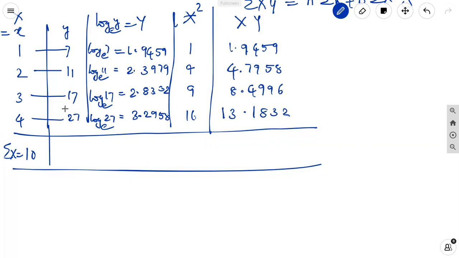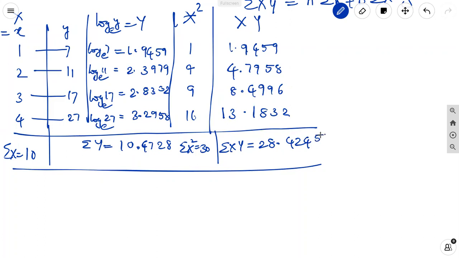Now we add sigma capital Y. The sum of capital Y is 10.4728. Sigma X square equal to 30. Sigma XY equal to 28.4245. These are the values.